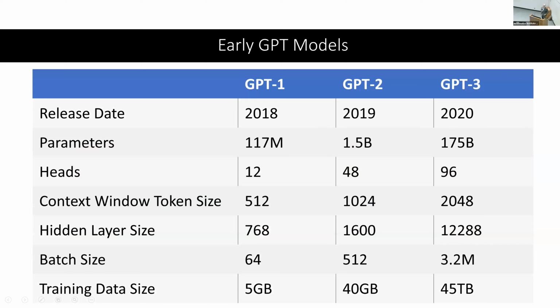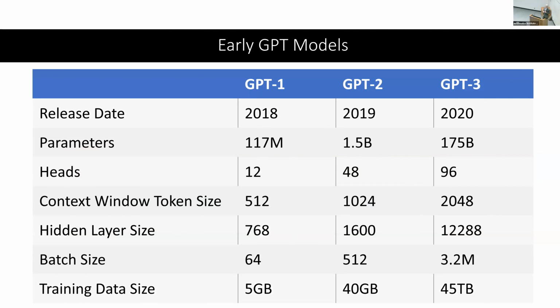And so this just gives an idea of the development of the pre-ChatGPT models here. You can see the obvious trend, going from 117 million parameters in GPT-1, about 10 times that in GPT-2, then increasing again by the same factor here. Same thing with heads, and this context size as well. This is basically the span of the attention window.